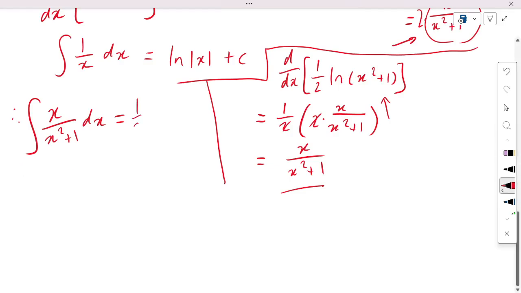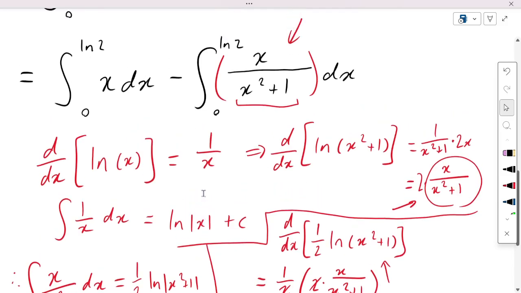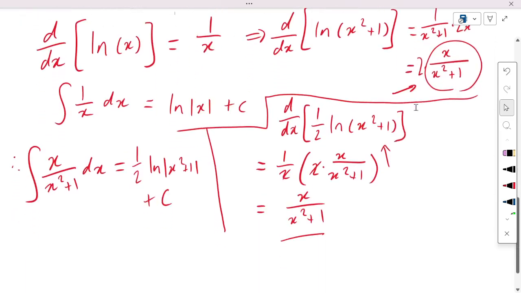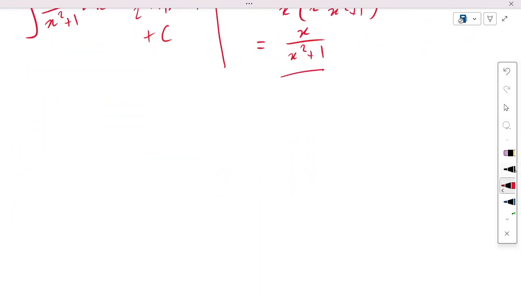Therefore, it's going to be equal to a half natural log of the absolute value of x squared plus 1 plus c. Okay, so that's exactly what we're going to be writing down. So that is just replaced with this over here. Okay, great.